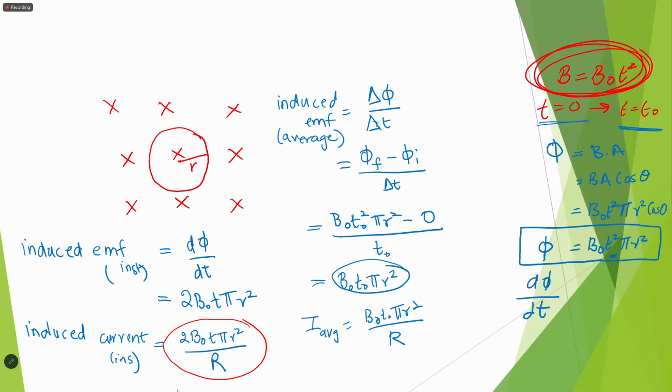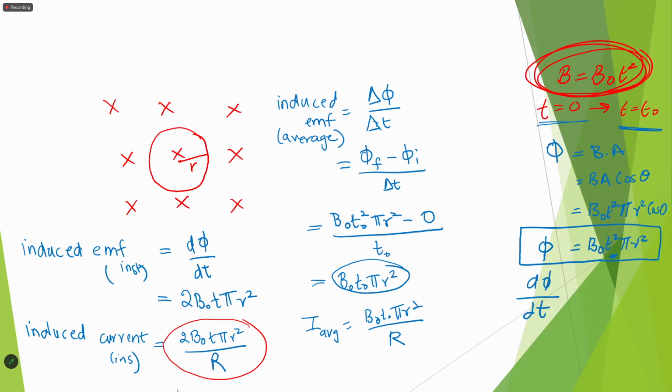B naught t square means when time is 1 second, B is equal to B naught 1 square, which is B naught. When time becomes 2 seconds, it becomes 4 B naught, right? When time goes to 3 seconds, it becomes 9 B naught. So when the time increases, the magnetic field increases.